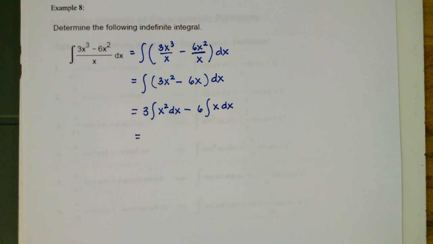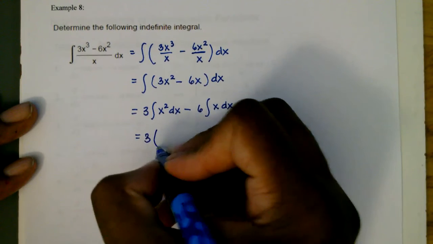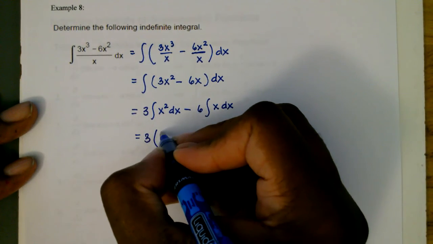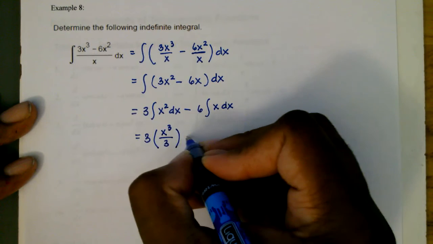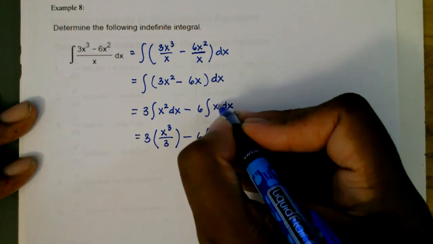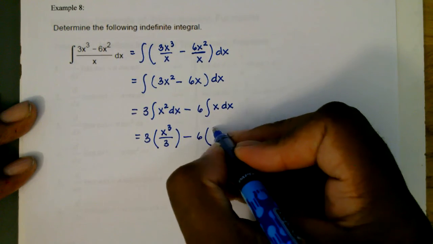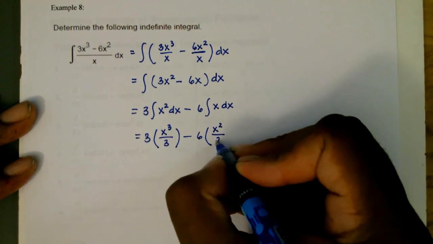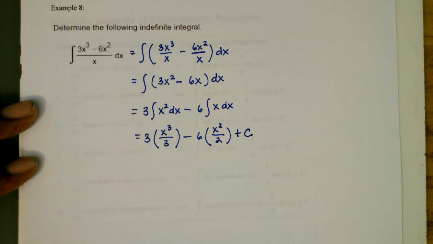Okay. And now next we're going to take the integral of each piece. Bring the 3 down, increase the power by 1 for the x, will be x cubed divided by 3, which is your new exponent, minus 6 times, increase that power by 1 for this x to the 1. 1 more than that would be x squared divided by that new exponent of 2. And then include the plus c.